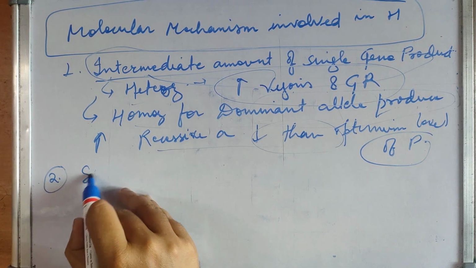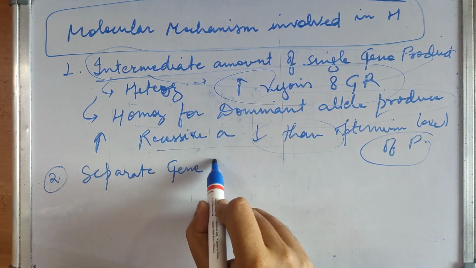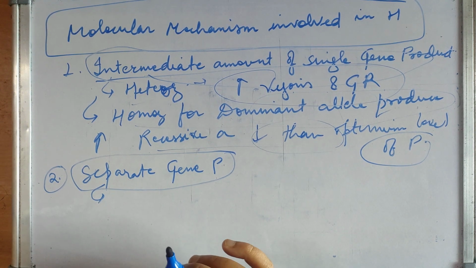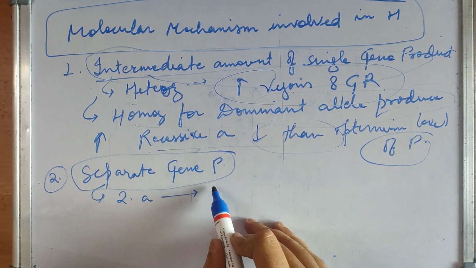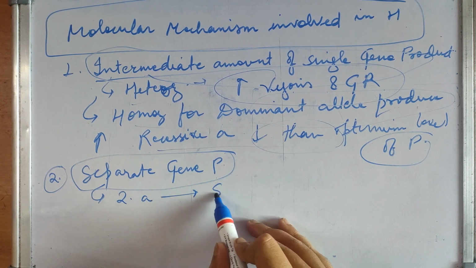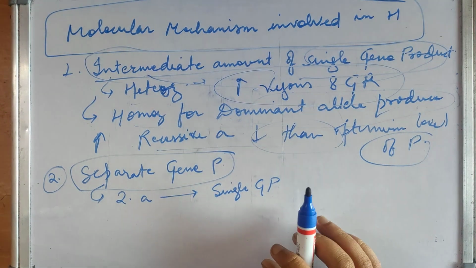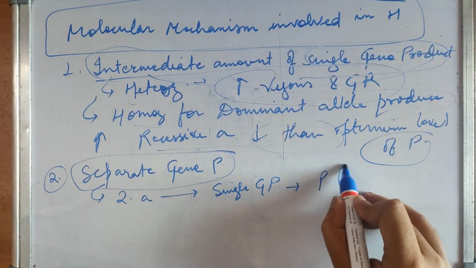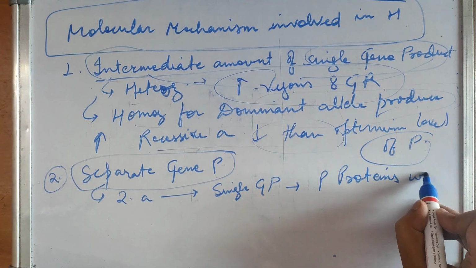Now the second point is separate gene product. Here two alleles of a single gene may produce proteins with slightly different functional properties.